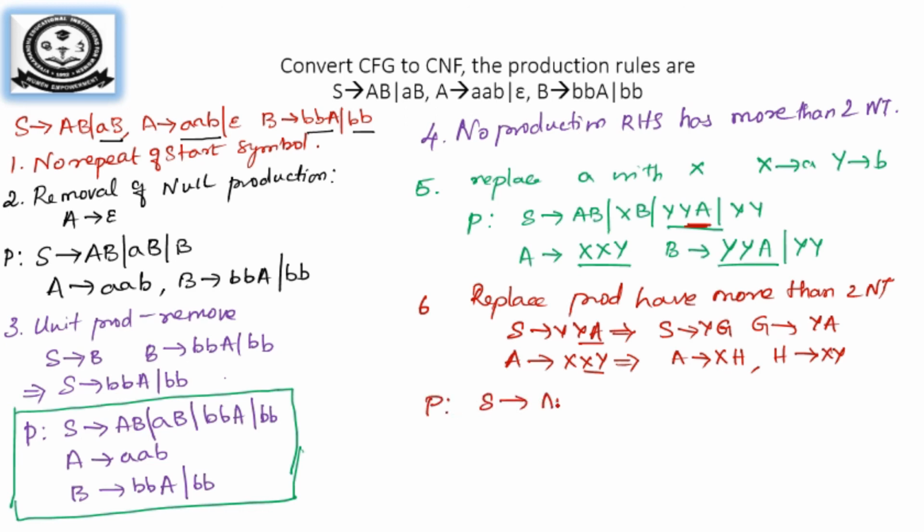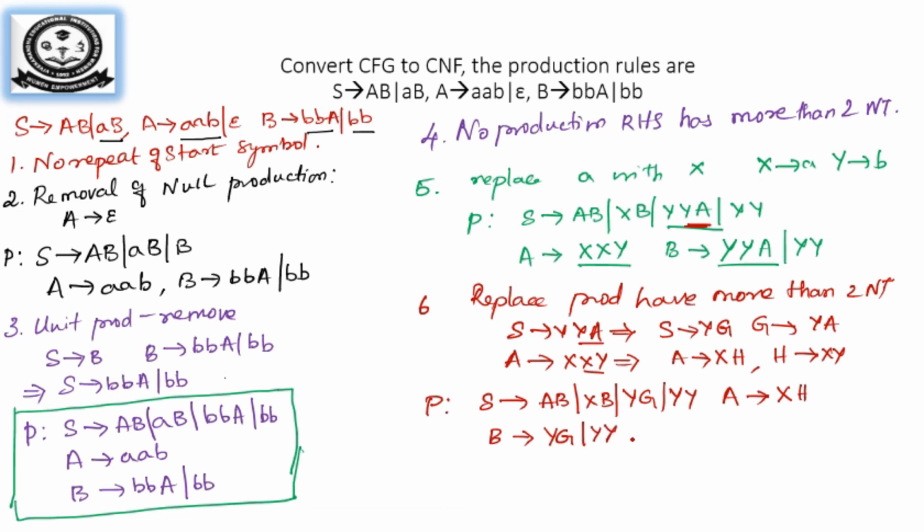Now the production rule will be replaced. So S tends to AB, or XB, or YG, or YY. And A tends to XH. And B tends to Y. For YA I used G, so you can use YG or YY.